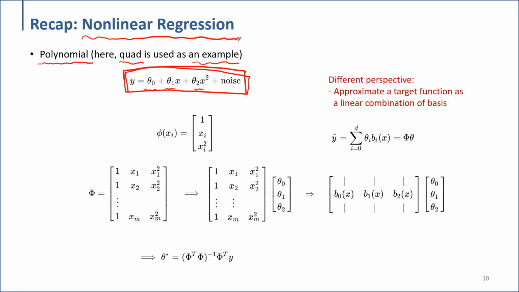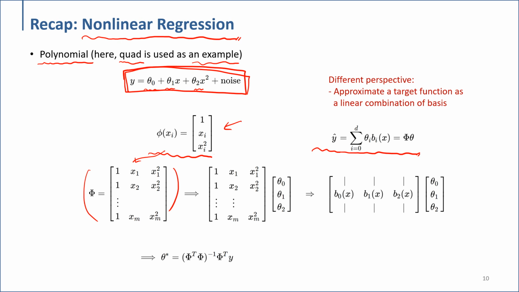For that, we first constructed the phi basis, and based on that, we constructed this phi matrix. By using this, we were able to construct the matrix form, which is exactly the same as the y equals Ax form.